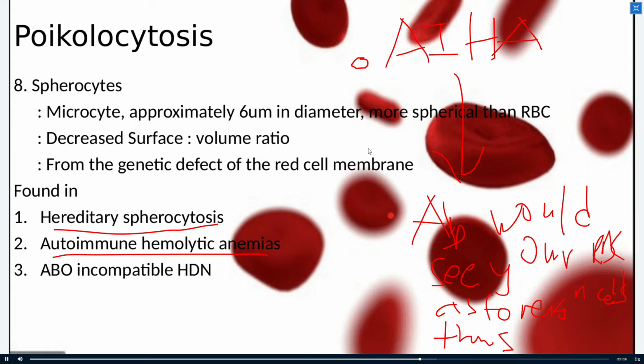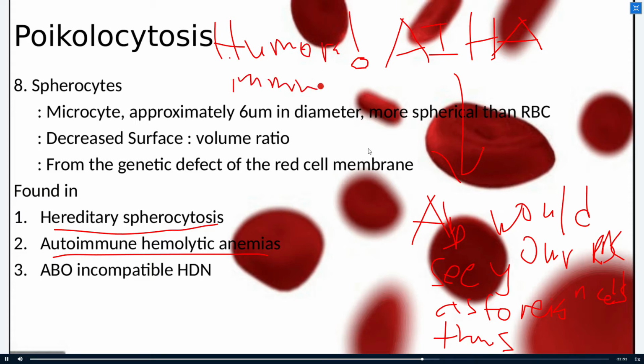Let me repeat, class: autoimmune hemolytic anemia is an autoimmune disorder wherein your own antibody would see your RBCs as foreign cells. And remember, foreign cells are always attacked by your antibody in your humoral immunity.